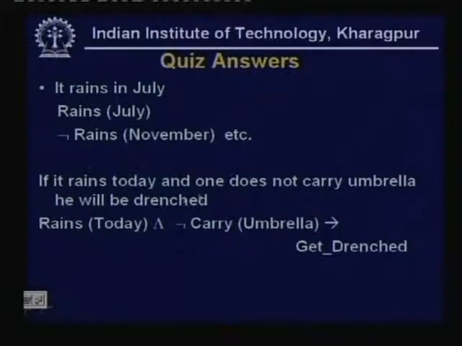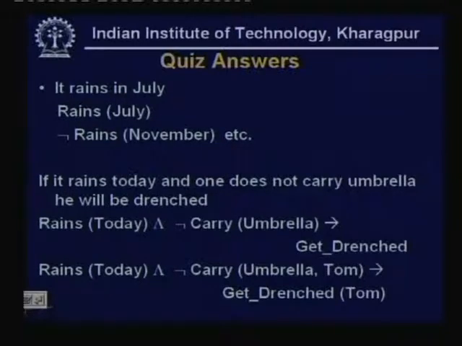So, let us ignore this one part for the time being. If we neglect that, we get rains today and not carry umbrella implies that somebody gets drenched.